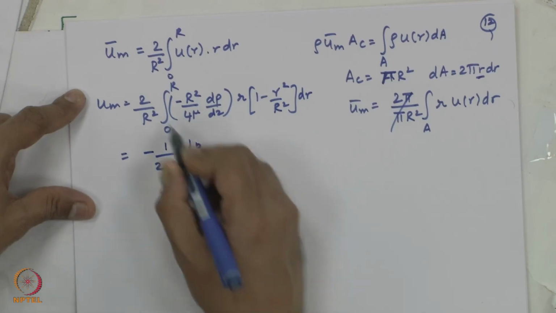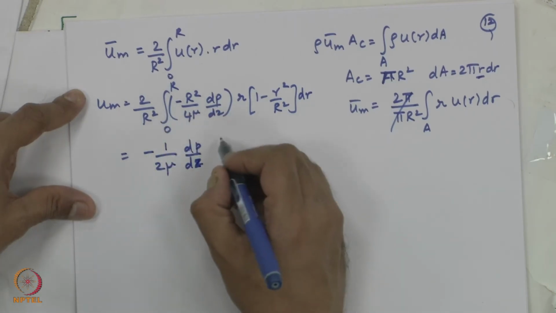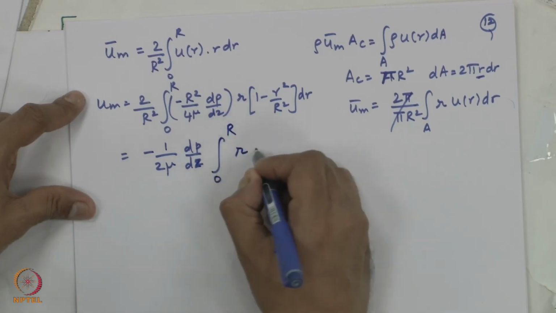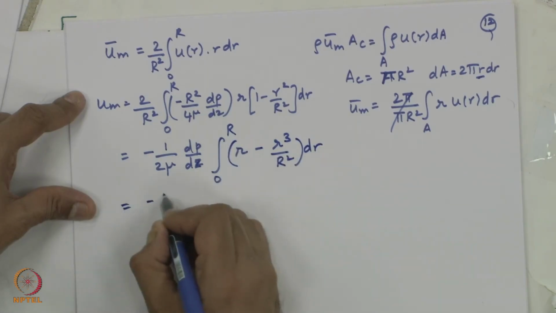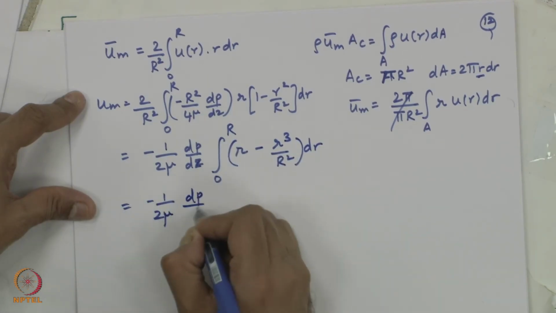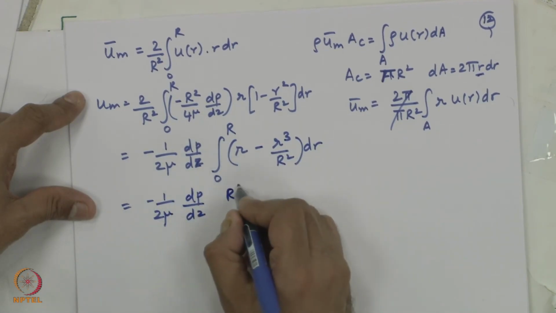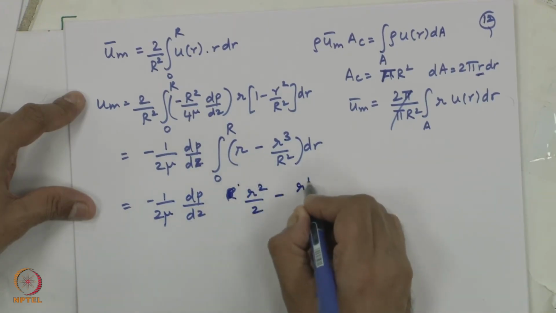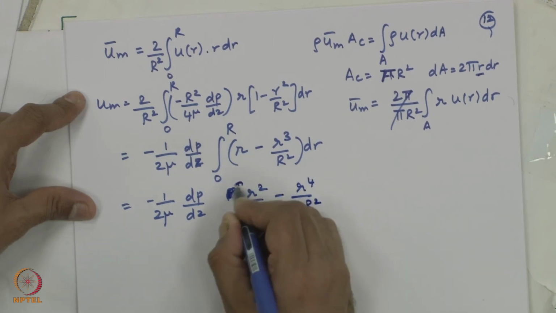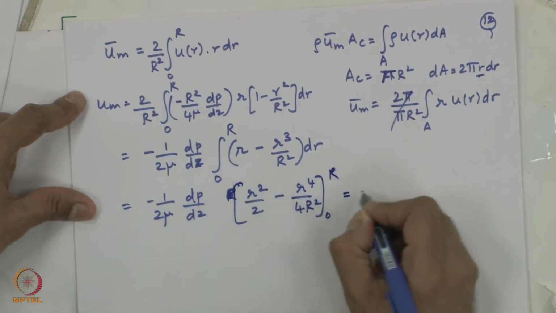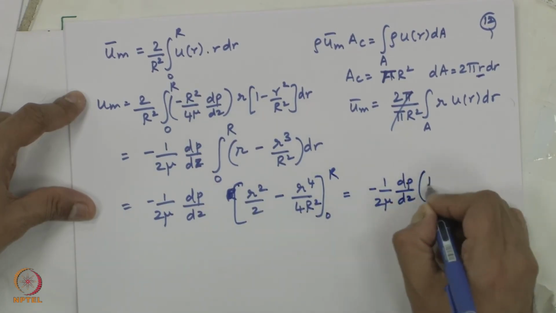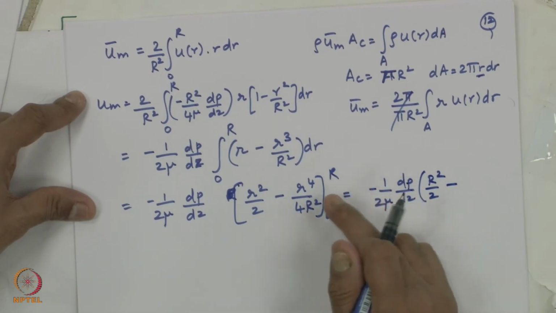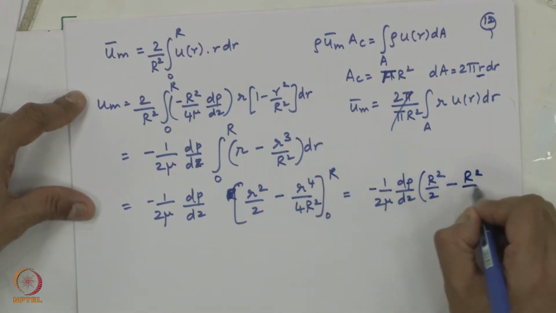Capital R's cancel off, 2 and 4 cancel off, and you are left with integration of r minus r cube by capital R squared dr. This is nothing but the integral, r squared by 2 minus r to the power 4 by 4 R squared, 0 to capital R, which is minus 1 by 2 mu dp by dz times R squared by 2 minus R to the power 4 by R squared, which would be R squared by 4.